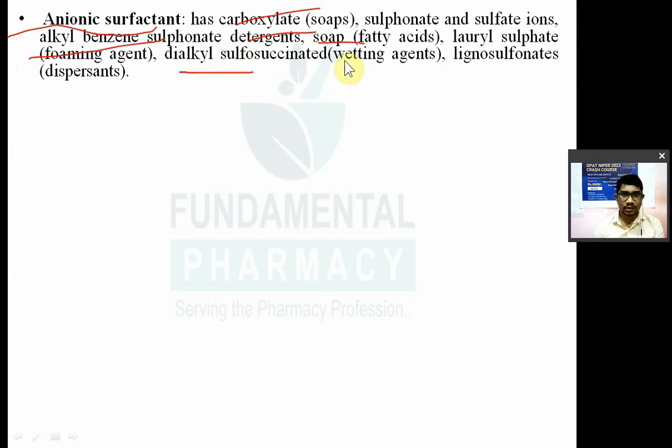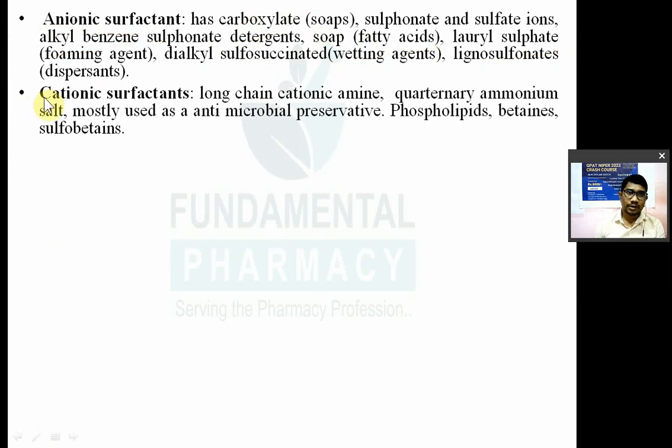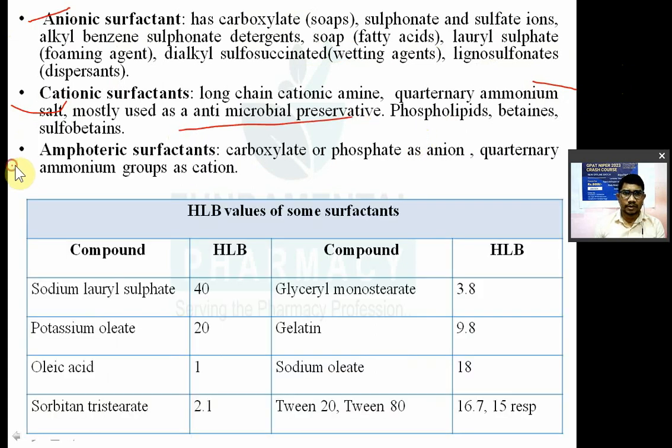Dialkyl sulfosuccinate, इसको वेटिंग एजेंट बोलते हैं. Lignosulfonate, dispersant to disperse the solid particles in the liquid. Then next is the cationic surfactant. So cationic surfactants will have a positive charge. Cationic surfactants have long chain cationic amines, cationic amine salts, and mostly they are used as an antimicrobial preservative. Possibly with betaines and amphoteric surfactants, carboxylate phosphate as anion and quaternary ammonium group as a cation.